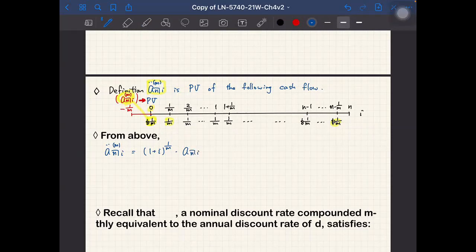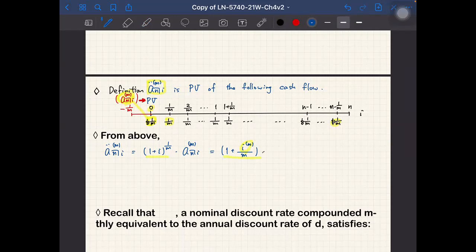So this is equal to this quantity. Then you can use i superscript m to represent this. By definition, 1 plus i superscript m over m, to the power m, is equal to 1 plus i. So this quantity becomes this quantity by the definition of i superscript m.